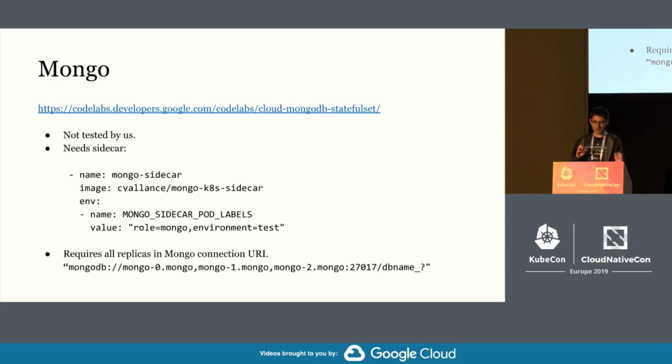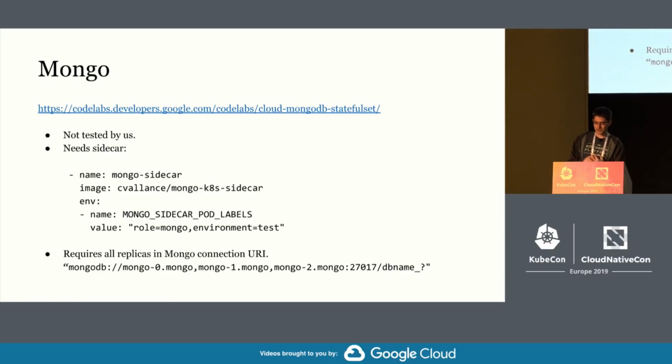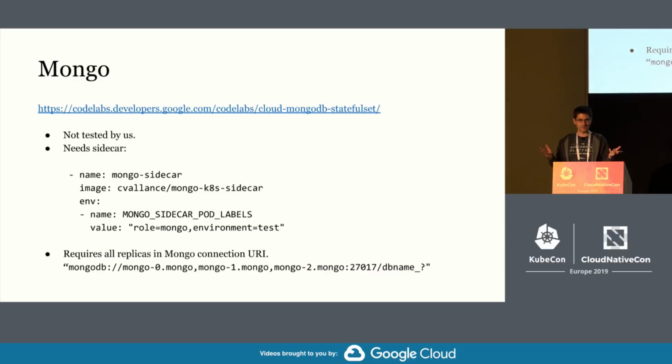I found just one glitch: if you connect to Mongo, you need to provide a connection string, a connection URI, and in this URI you must specify all the replicas of Mongo. That's fine, since in our StatefulSet we have stable DNS names. But what if I scale up the application? I must add this new pod to this URI. I believe you can do it. It's not hard, but that's something you need to think about.